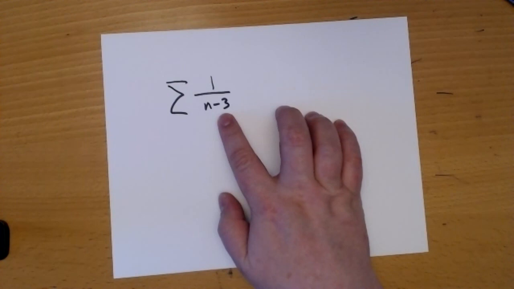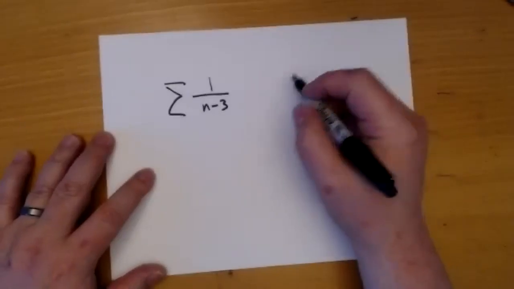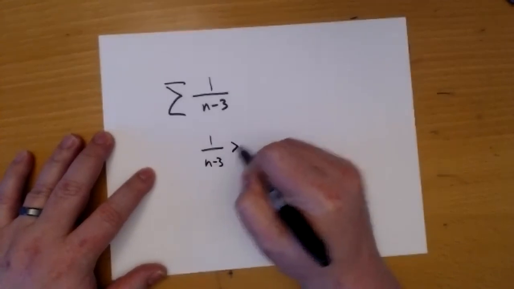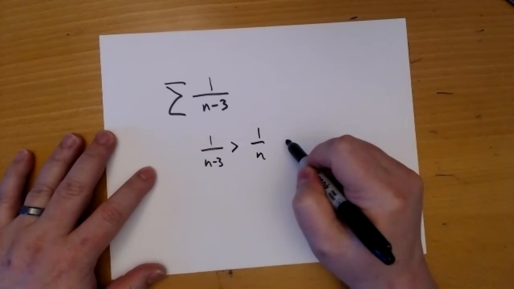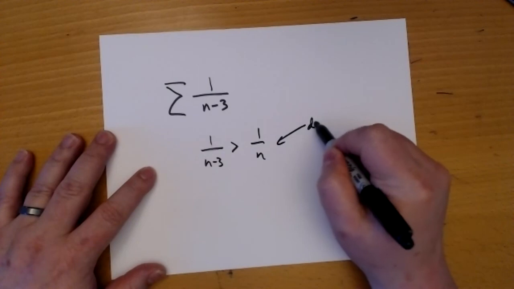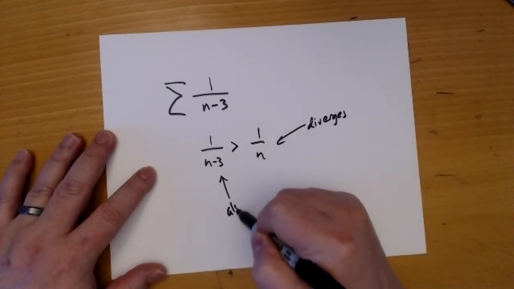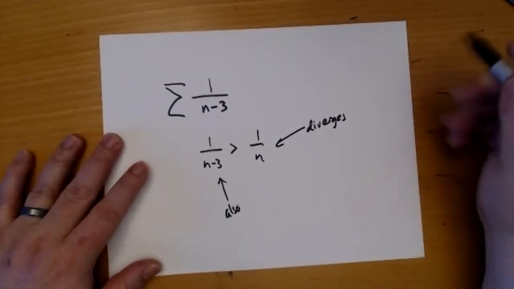But doesn't that mean it diverges too? Okay. So you're saying that 1 all over n minus 3 is greater than 1 over n, right? And since this diverges, this must also. That's what you're saying? I agree with you.